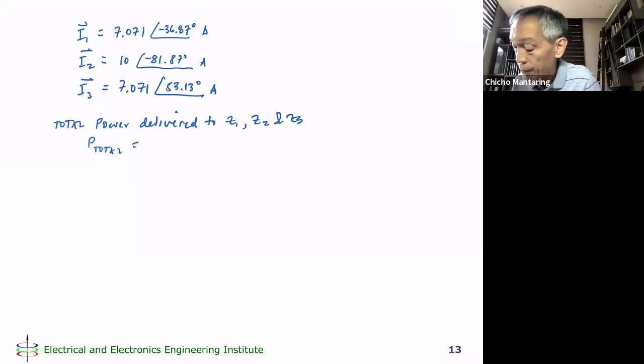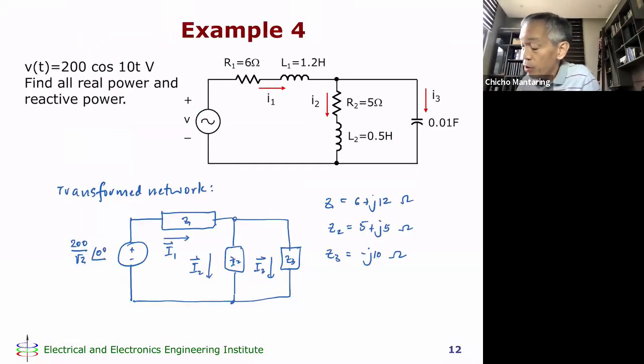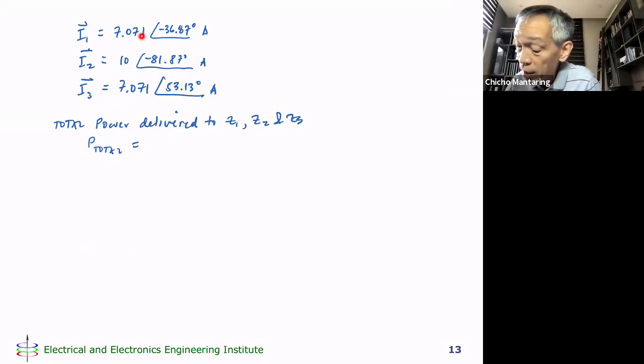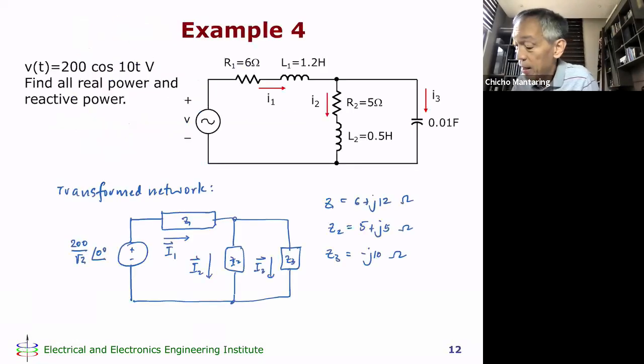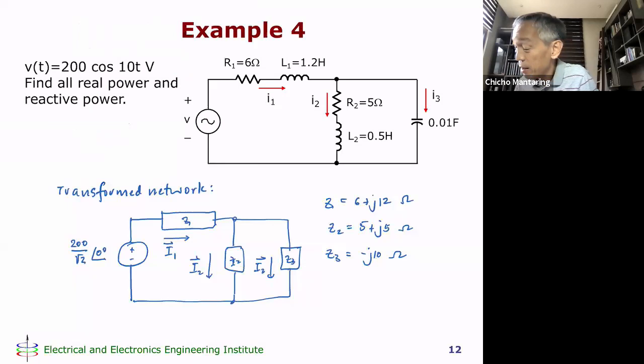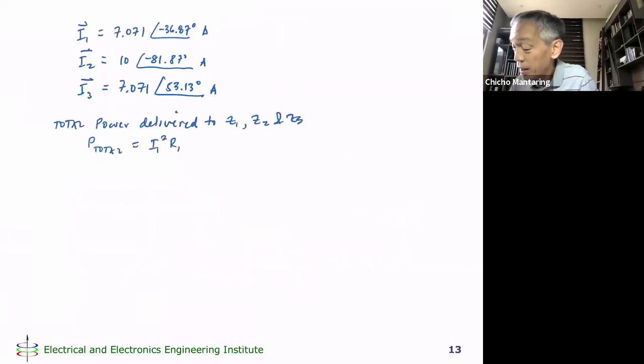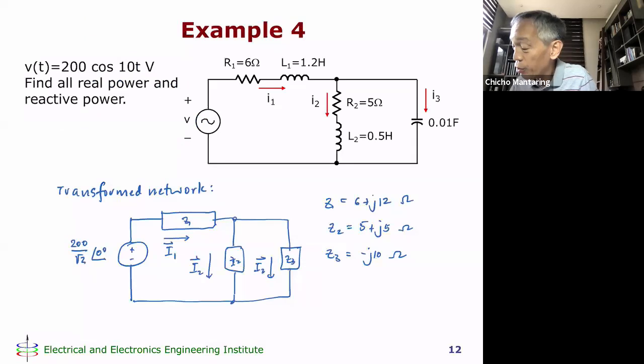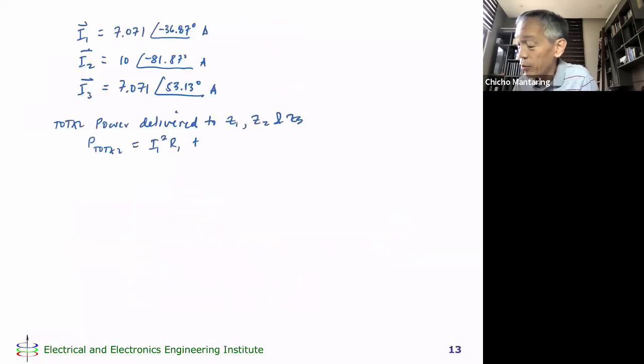If I know the RMS value of I1, what is the power delivered to R1? The power delivered to R1 is the RMS value of I1 squared multiplied by 6, so I1 squared times R1. And the power delivered to R2 is just I2 squared times R2.